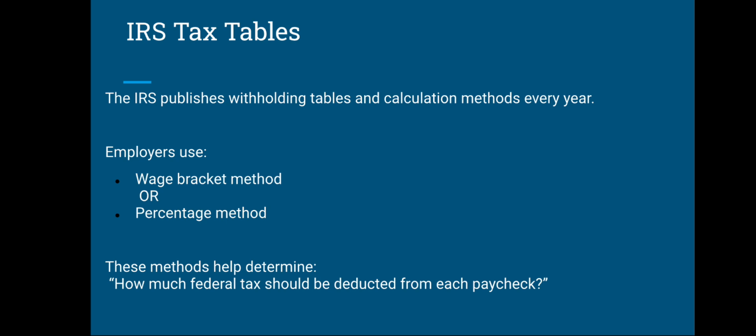So there is no specific percentage or simple way to calculate this. I haven't mentioned it in this presentation, but federal tax can be zero as well. It depends on you. If you want to mention zero, it can be.